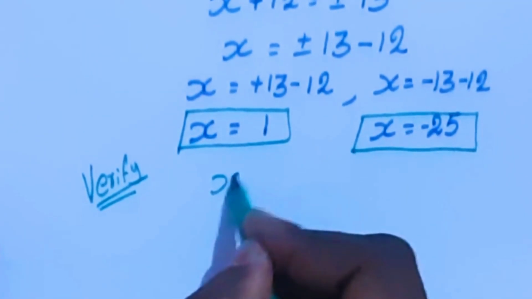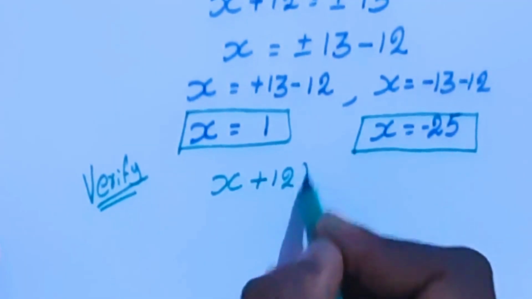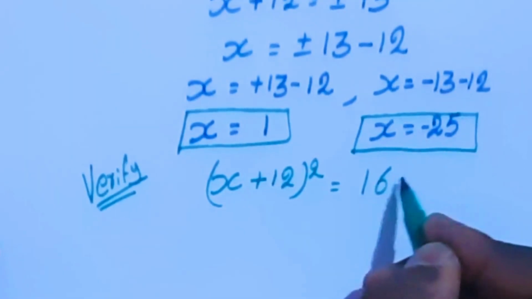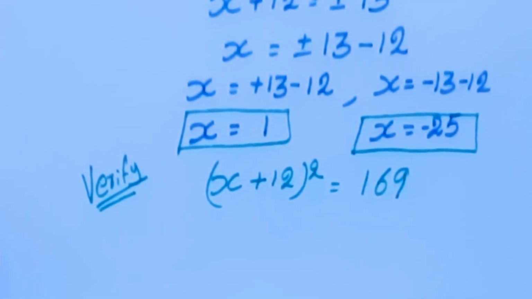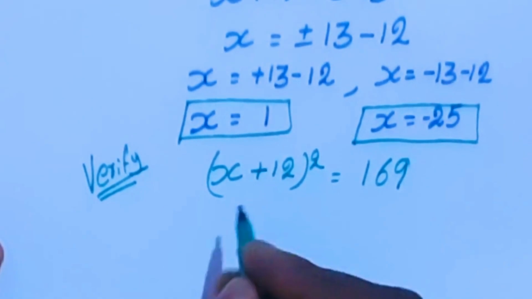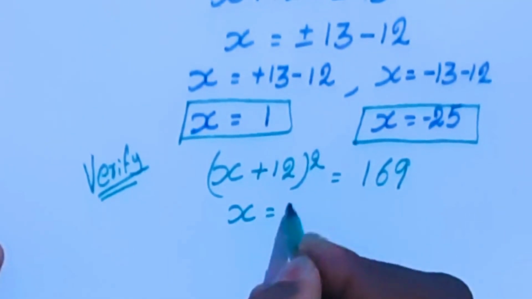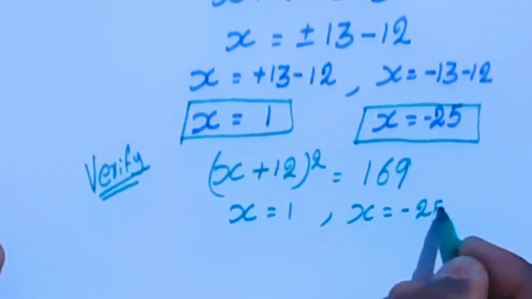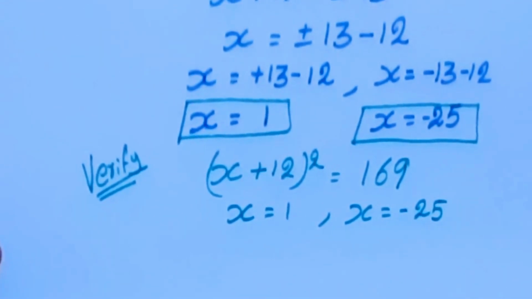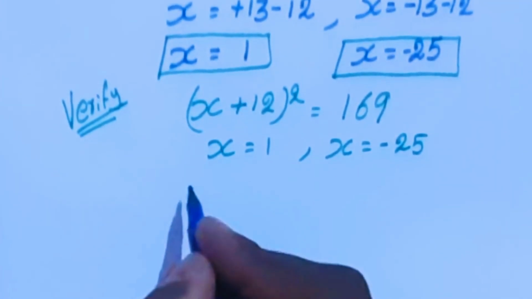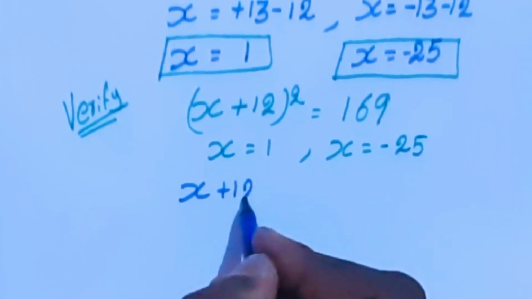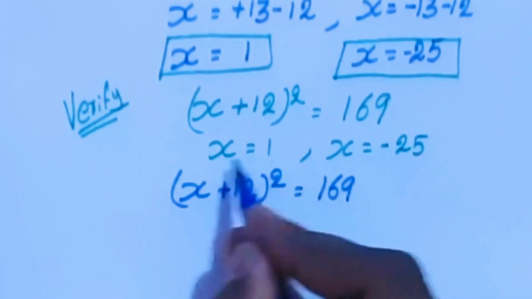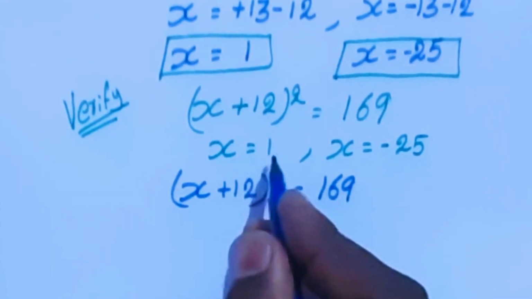The equation is (x + 12)² = 169. In this equation, we are going to substitute x = 1 and x = −25. So (x + 12)² = 169. Here we are going to substitute x = 1.